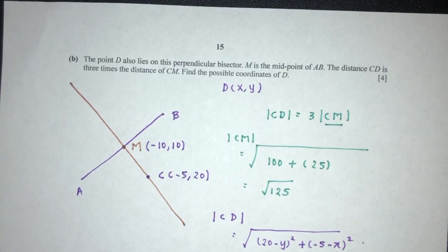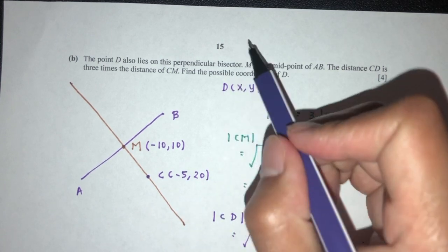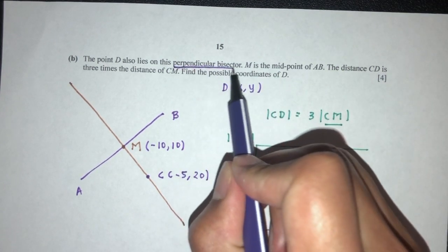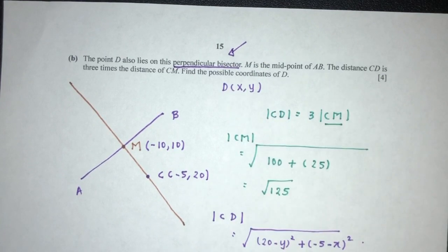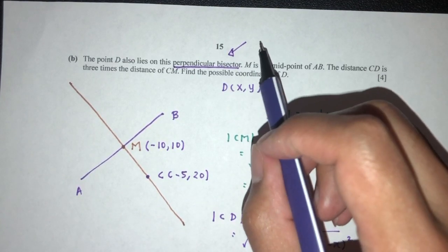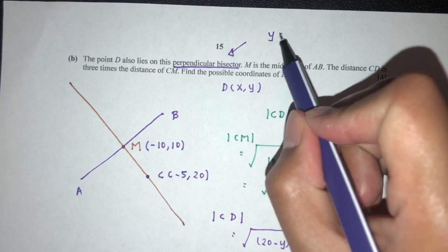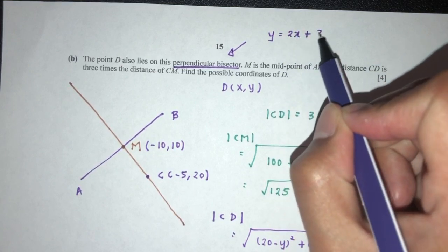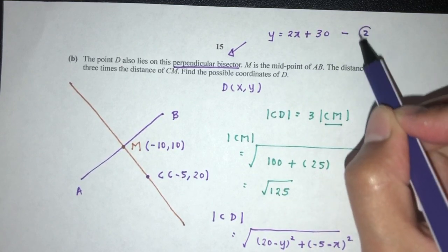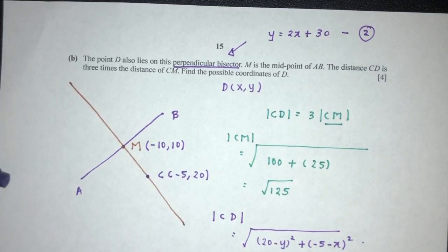As you can see, the point D lies on the perpendicular bisector. This is equation number 2. So what is the equation of the bisector? It is y is equal to 2x plus 30. That is my equation number 2. So we can use that to solve.